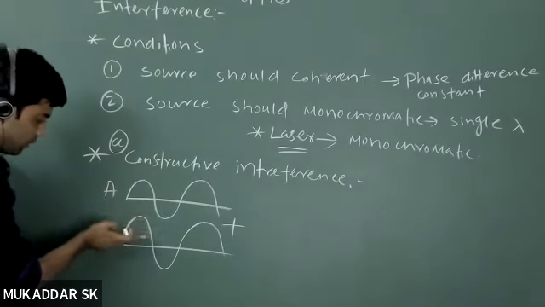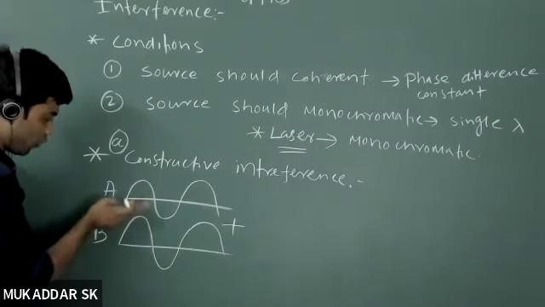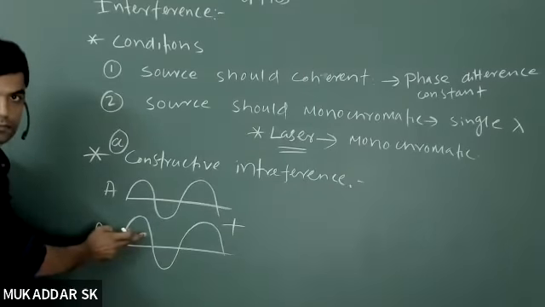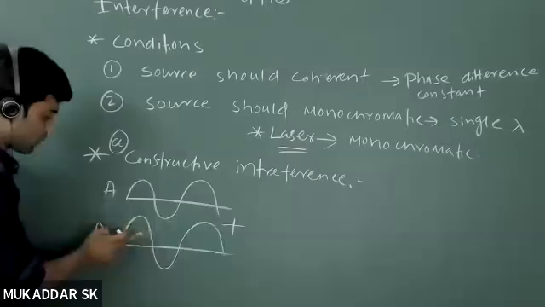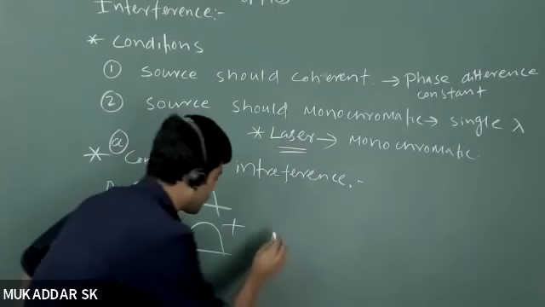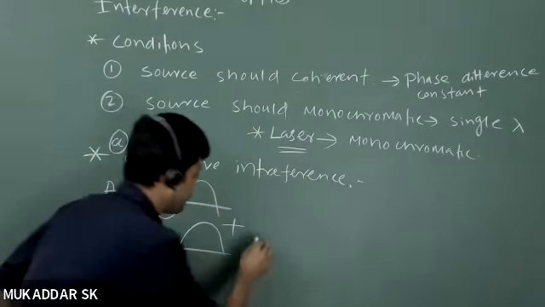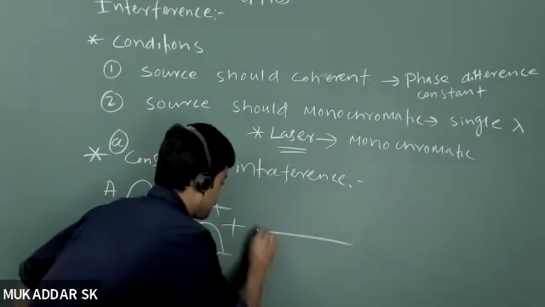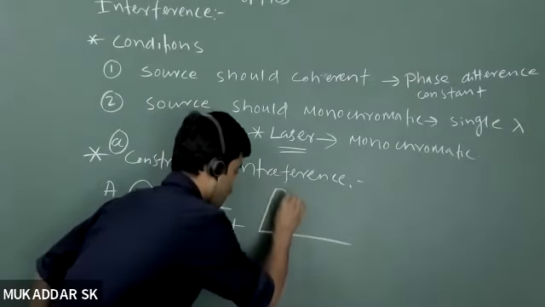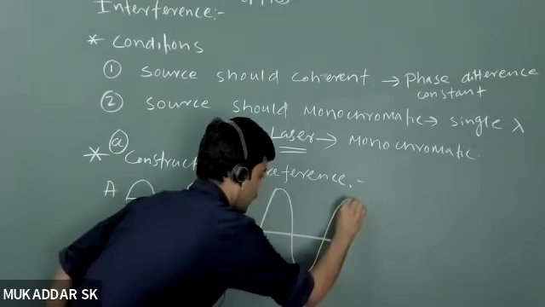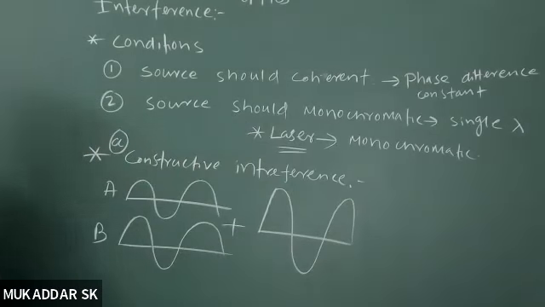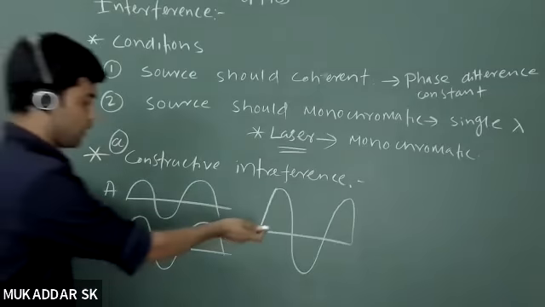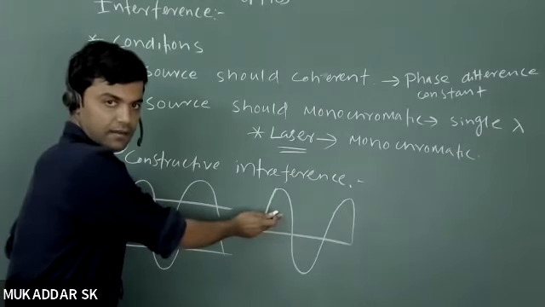You can clearly see the phase difference between these two waves is how much here? Zero, right? So if you add them, how will the resultant wave look? Its amplitude will be higher, right? And you know, if amplitude is higher, it means it will be highly intense, right?